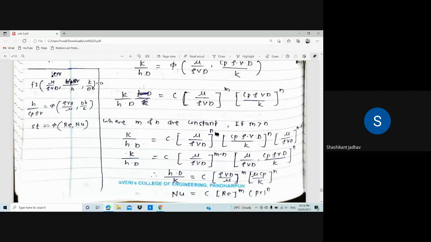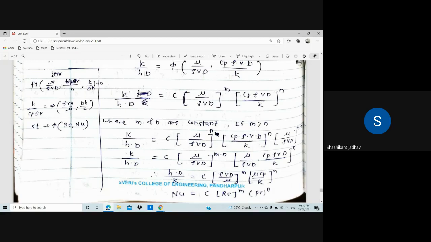So mu by rho vd raised to m minus n, after that mu by rho vd raised to n, the n and n will cancel. Therefore rho vd by mu raised to m, and mu Cp by k raised to n, since rho vd cancels in the second bracket. Okay, and hd by k is nothing but Nusselt number, rho Vd by mu is nothing but Reynolds number, and mu Cp by k is nothing but Prandtl number. So for forced convection, this is the relation between the Nusselt number and Reynolds and Prandtl number.